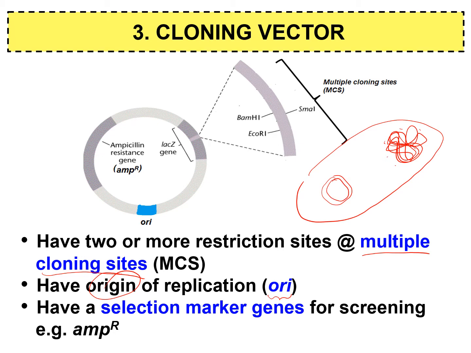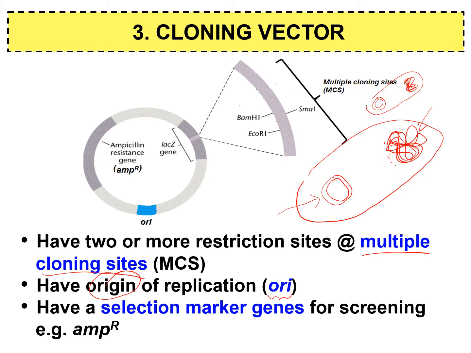So this DNA will be replicated, and at the same time this plasmid also needs to be replicated so that their daughter cell will have the same genetic material and amount of DNA. So this plasmid can replicate automatically or freely without the assistance of the chromosomal DNA replication.